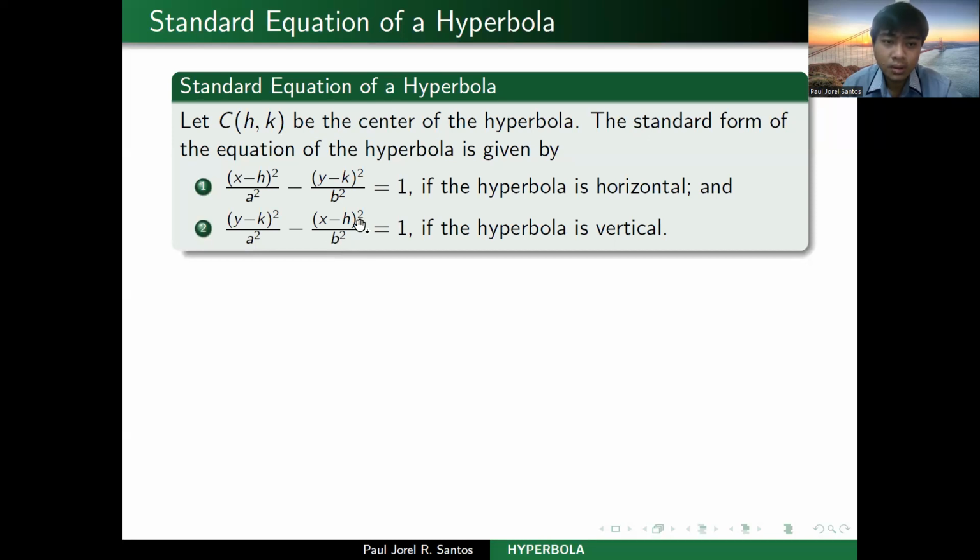Now, unlike the standard equation for the ellipse, we do not change the positions of a and b here. In other words, a here comes first before b.